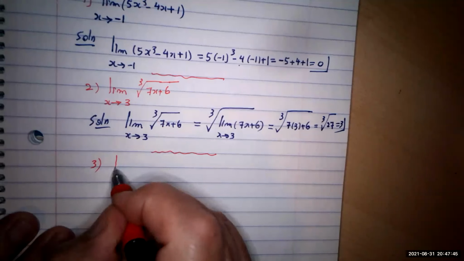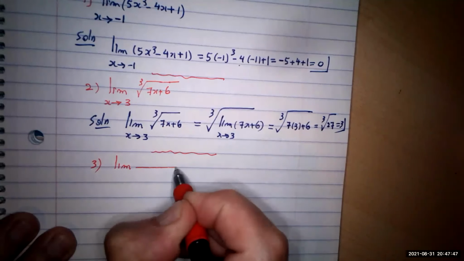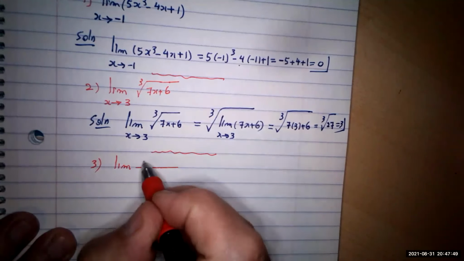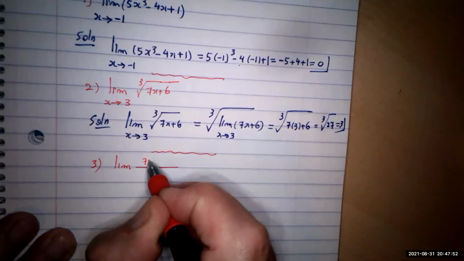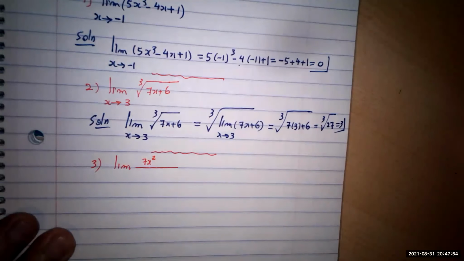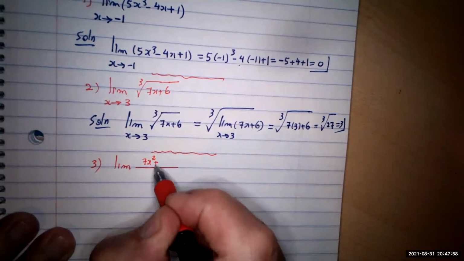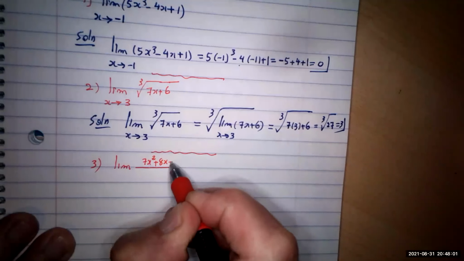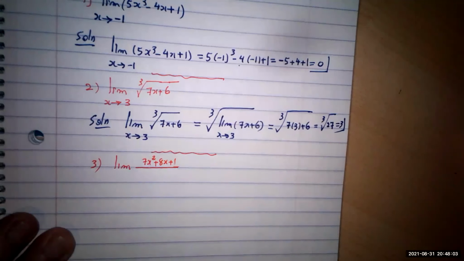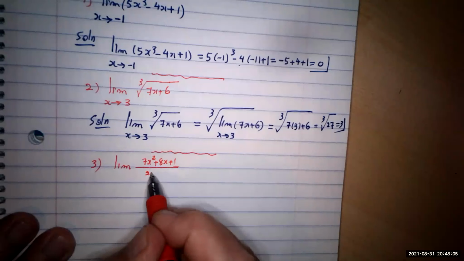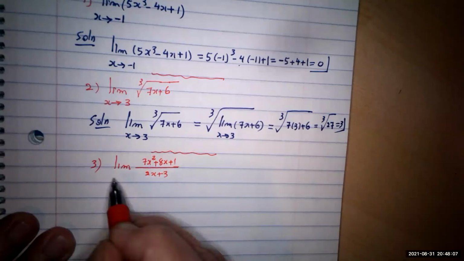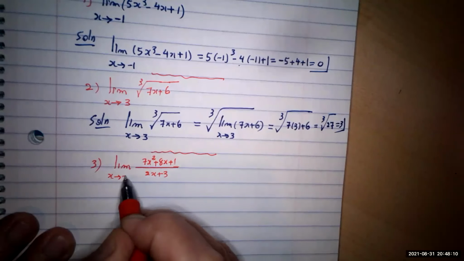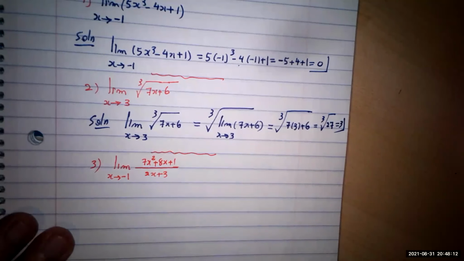We would like to find the limit of this function: on the top, 7x squared plus 8x plus 1, over 2x plus 3, when x goes to -1. You see it's a quotient function.